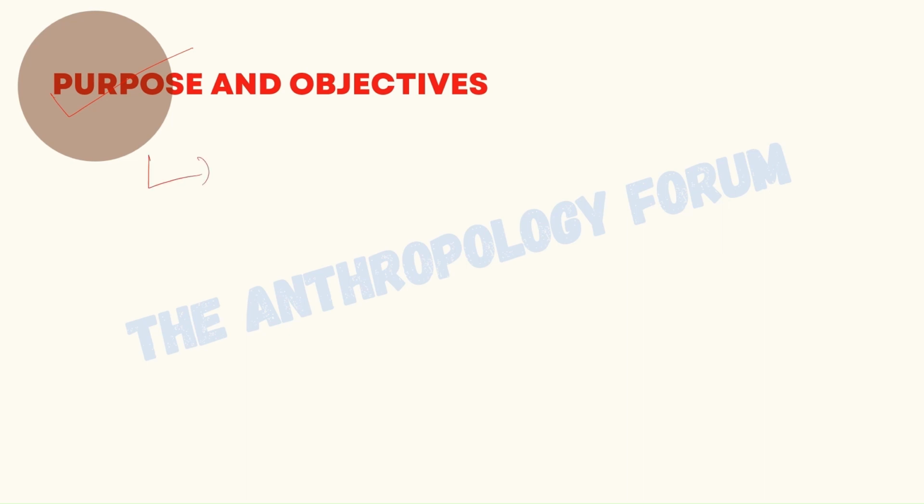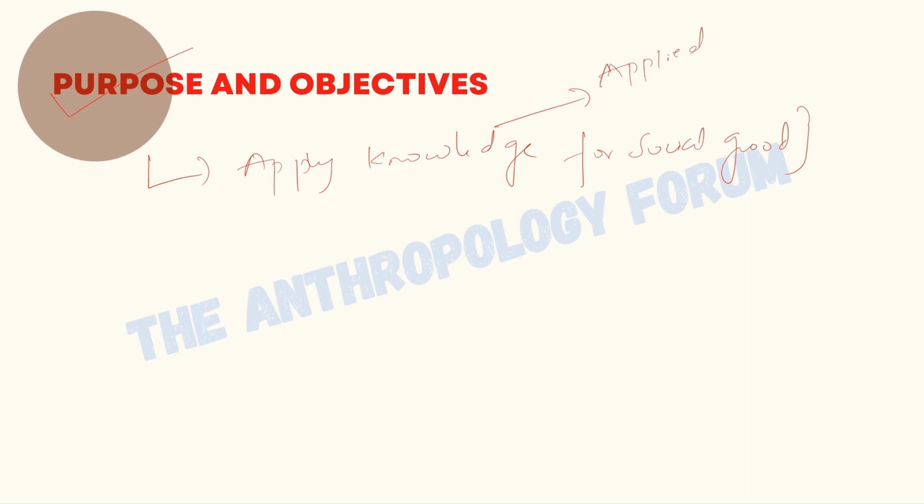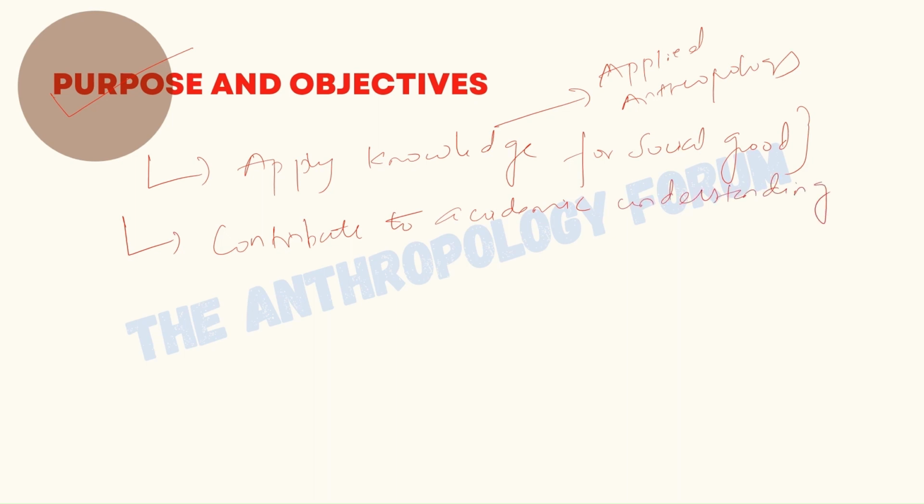So purpose we have seen. One is to apply the knowledge for social good. This is taken care of by applied anthropology, which is a subdiscipline. Next, major purpose is to contribute to academic understanding of human societies.